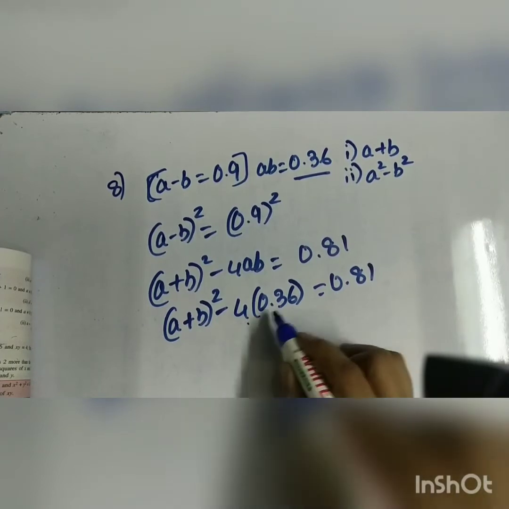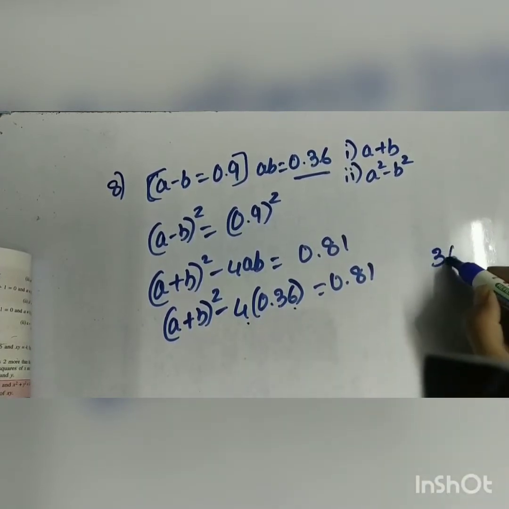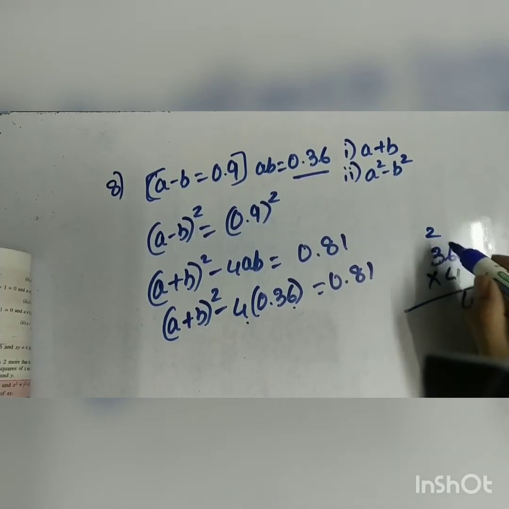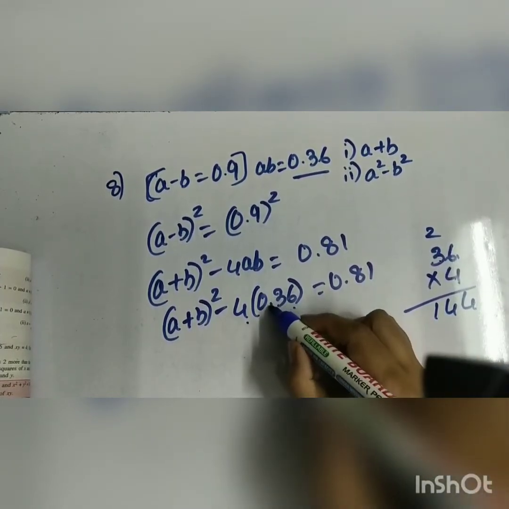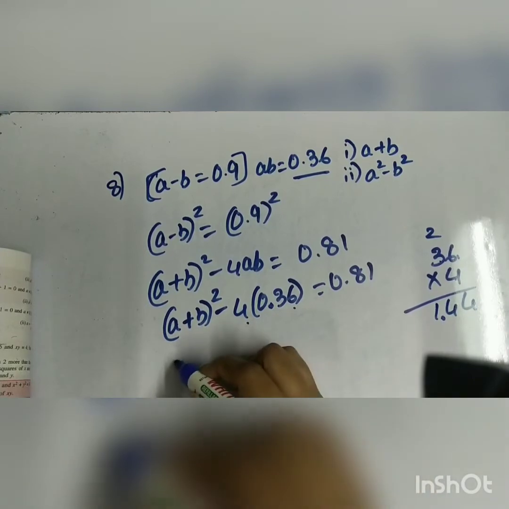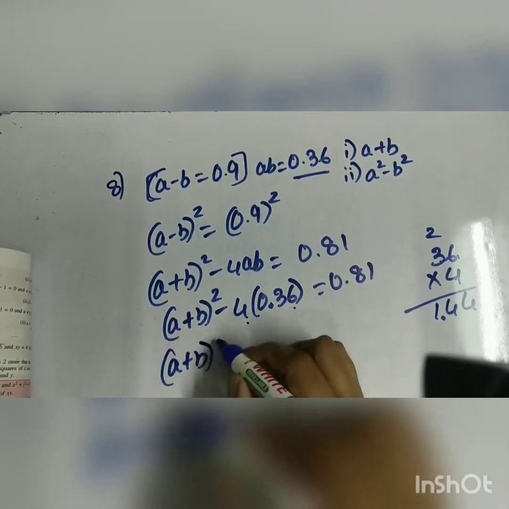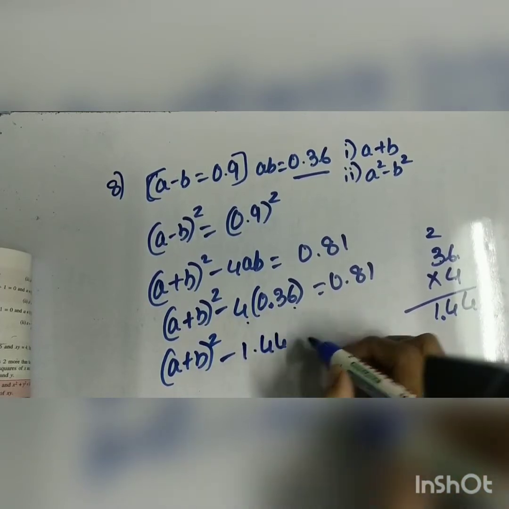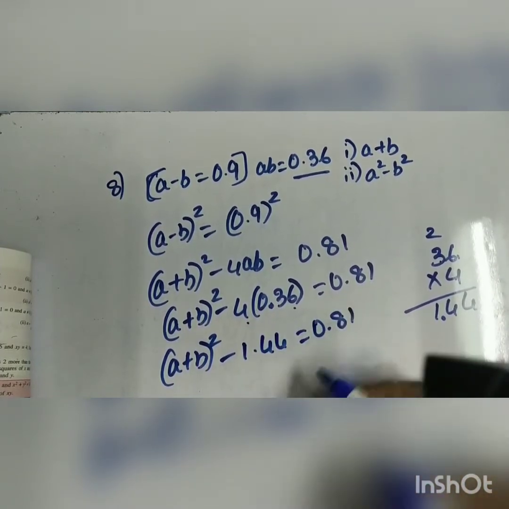So 36 into 4. Let's do it. 36 into 4. 6 4s are 24. 4 3s are 12 plus 2, 14. And there's a decimal place after the two numbers. So I will keep this as it is. Minus this 1.44 is equal to 0.81.